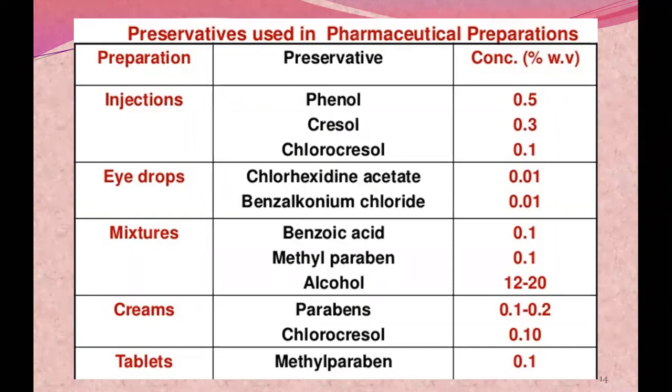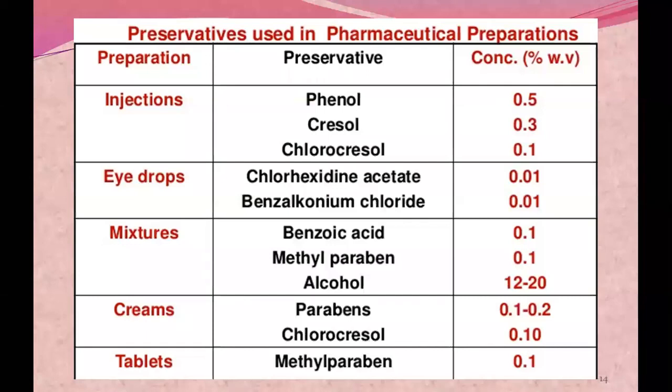The question that may come on this topic, the mostly expected question, is a short note. Write a short note on preservatives. If a short note is asked, the first thing is you are supposed to write the definition of preservatives, then their classification. In the classification, you are supposed to write at least 2 to 3 examples of each class.